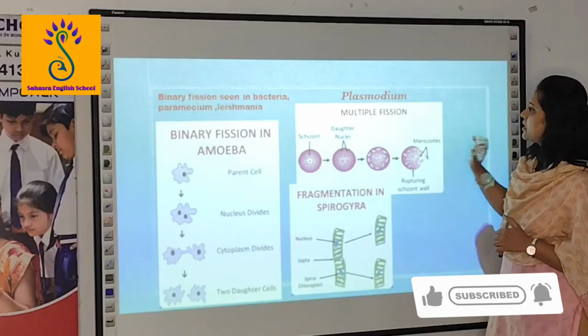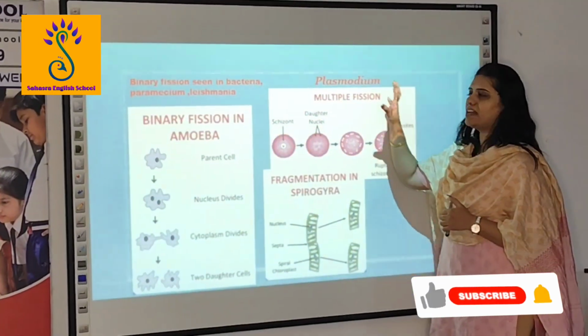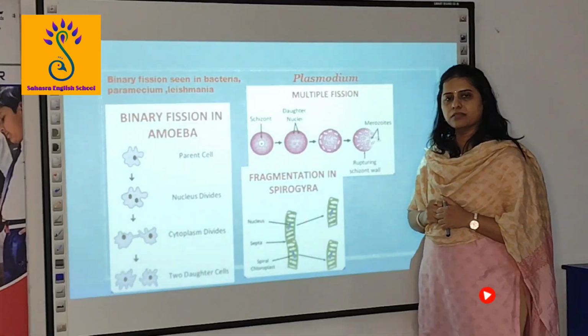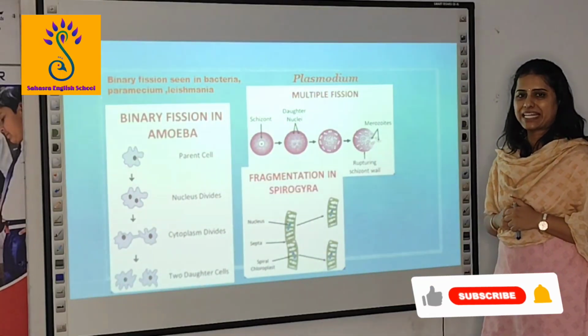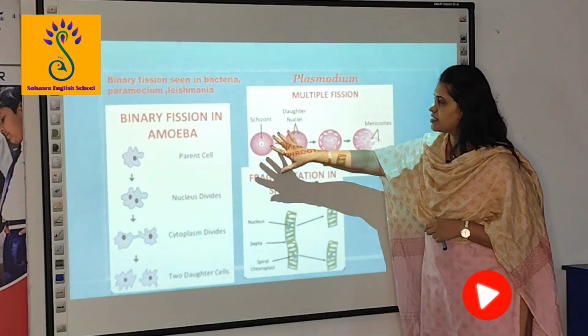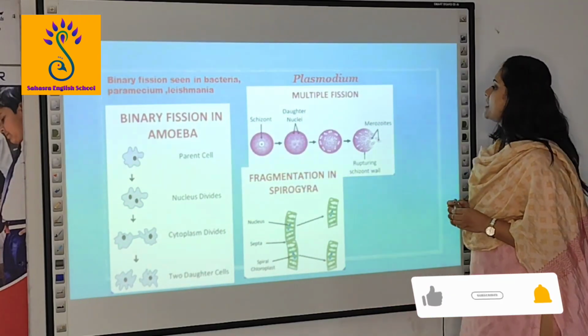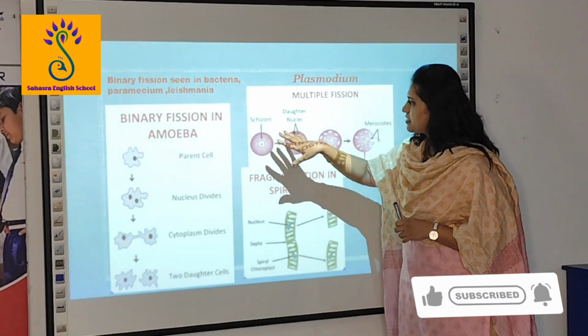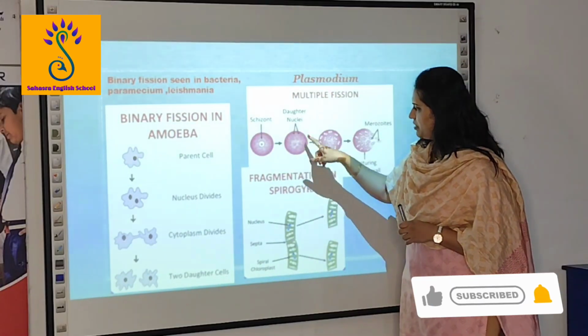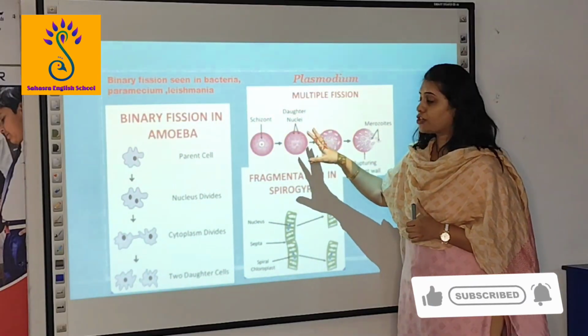Okay. Next, multiple fission, it is seen in Plasmodium. Plasmodium is the microorganism which causes malaria, a protozoa. You can see this is the Plasmodium cell. See, this is the schizont here, and see the different daughter nuclei.